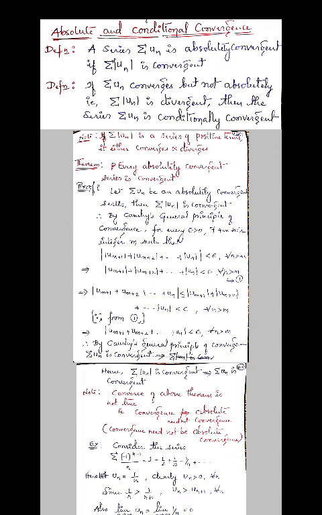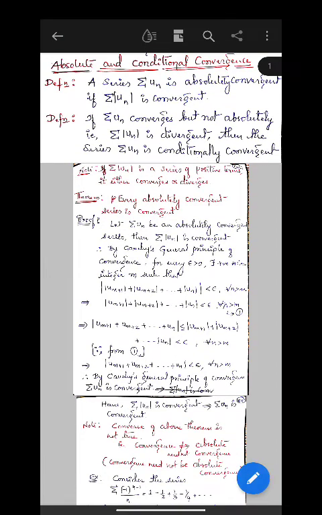In this video, we are going to discuss absolute and conditional convergence. So, the definition of absolute convergence: absolute means, as we have already discussed, we need to ignore the negative values.